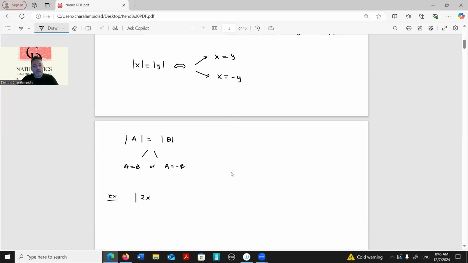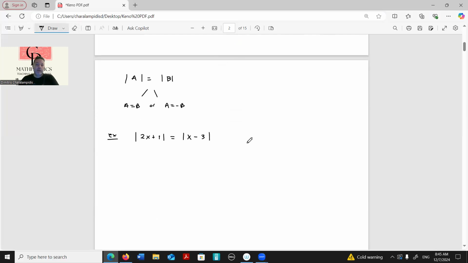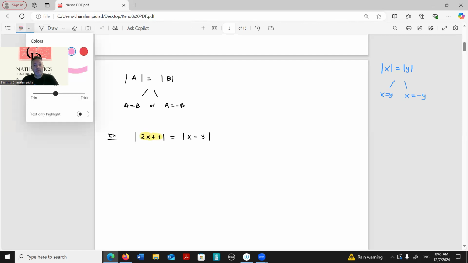Absolute value of 2x plus 1 is equal to absolute value of x minus 3. Sorry, let me write that more properly. So remember that, and let's write it somewhere here so that we have that clear: x equals y or x equals negative y. So in this case, we should work with the expressions inside, the expression 2x plus 1 and the expression x minus 3.